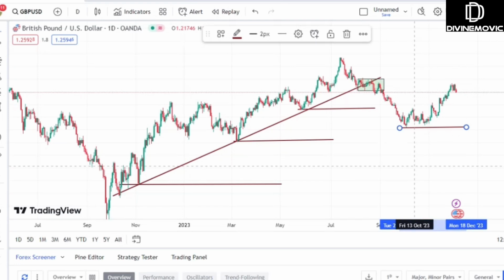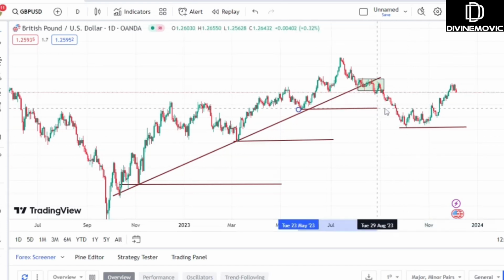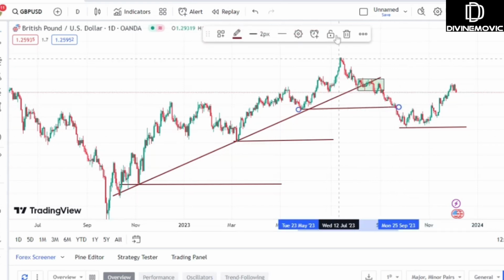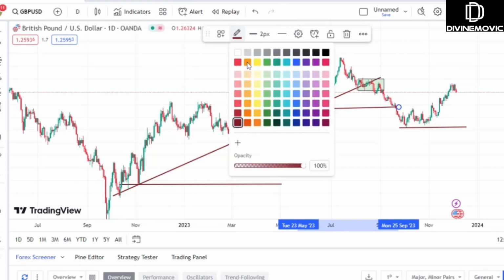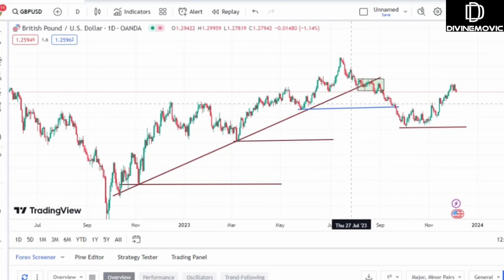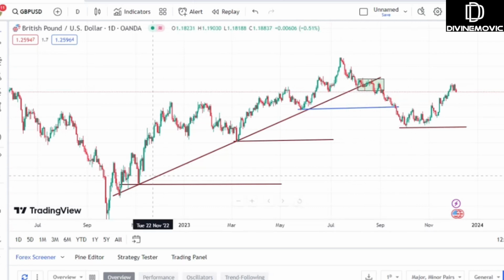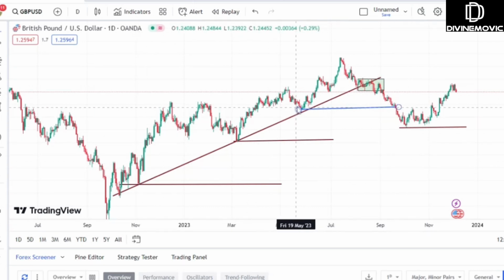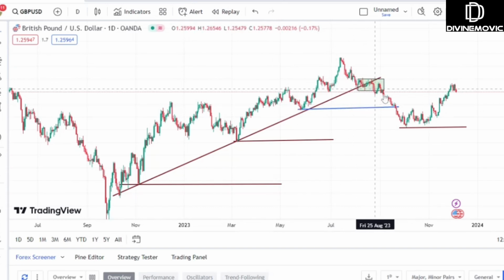You see, I've been able to mark out my structures and I've been able to see that this place now is a change of character. This level here is a change of character because price was printing higher lows and higher highs, but price got to this place and broke this low, creating a lower low here.